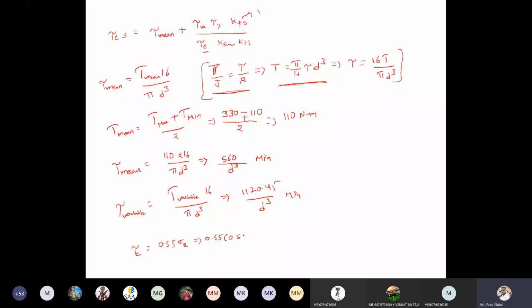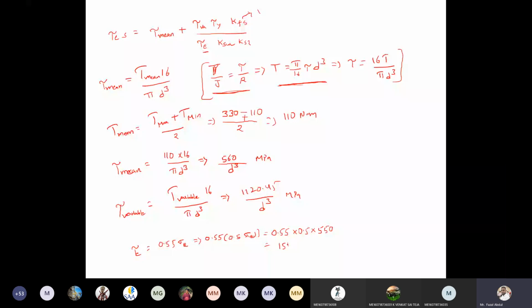So what is the answer? 0.55 into 0.5 into what is the ultimate tensile strength? Ultimate tensile strength is 550. What is the answer? Tell me. 151.25. Very good.